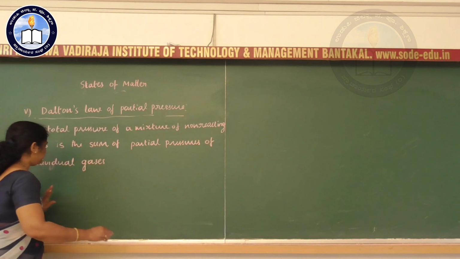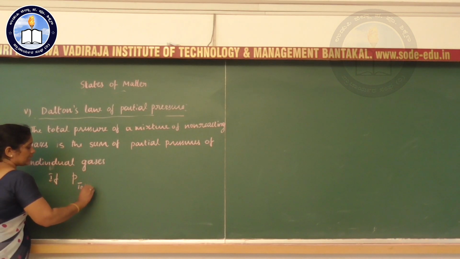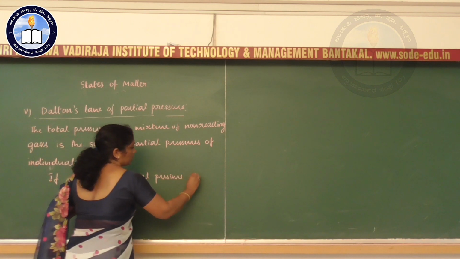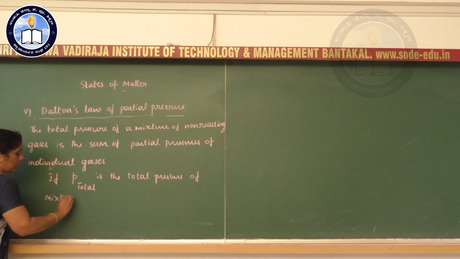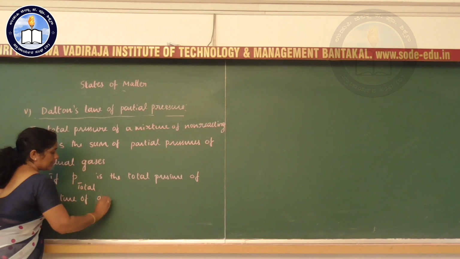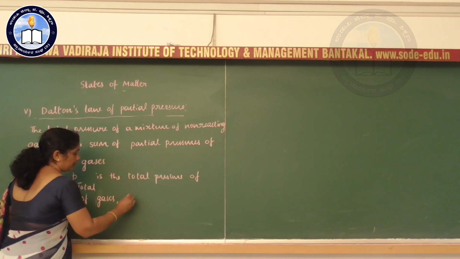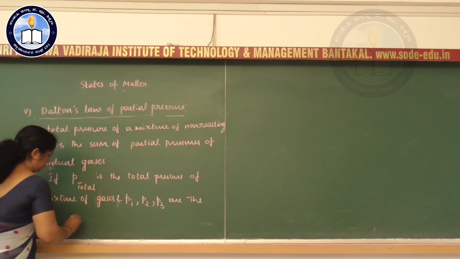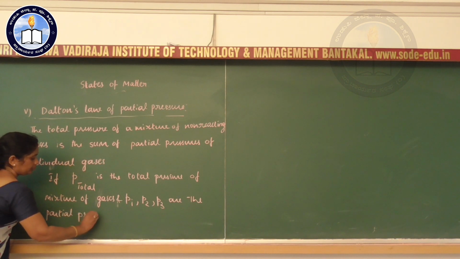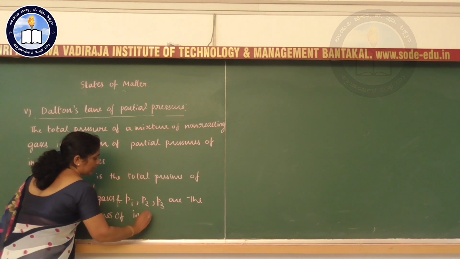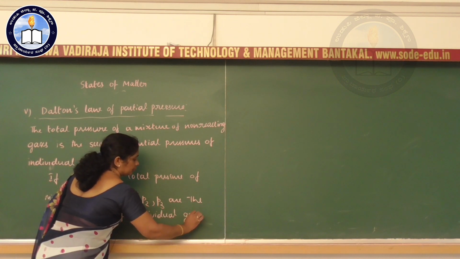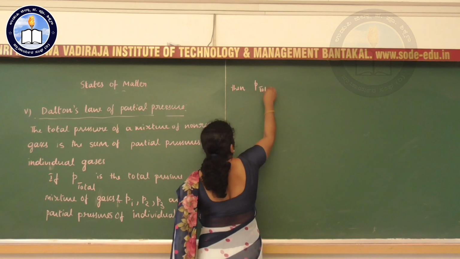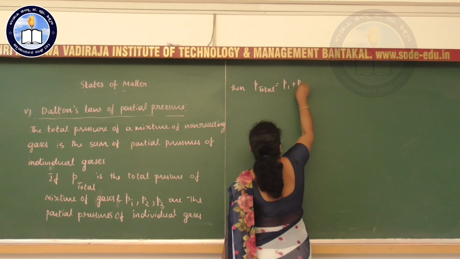Okay. If P total is the total pressure of the mixture of gases, and P1, P2, P3 are the partial pressures of individual gases, then P total is equal to P1 plus P2 plus P3.